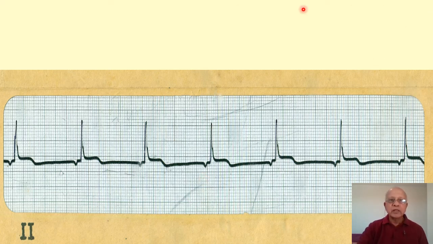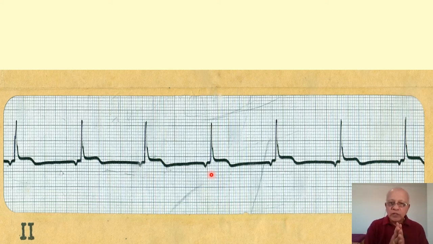The second point is the PR interval is very short. You can look at here. Almost no PR interval, or you can see just 1 millimeter or less than 1 millimeter. Because the PR interval is short, it is possibly from the junction, right? If it was from the low atrium, there will be a normal PR interval, because from the low atrium it has to enter into the AV node and then pass the junction of His and then it stimulates the ventricle.